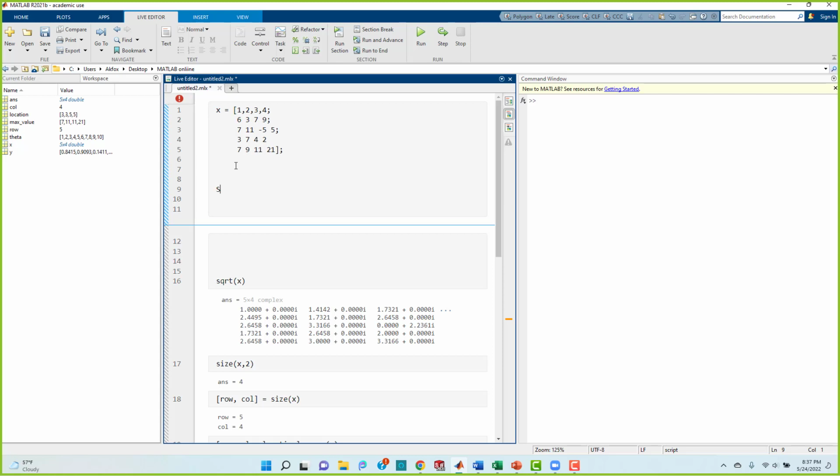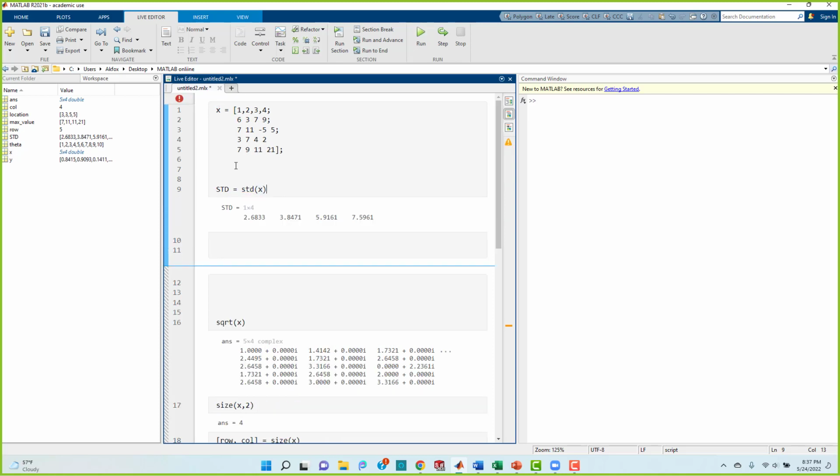If we look for the standard deviation, because I got those in all capital letters, it does not overwrite my function of that matrix. It will return a column of the standard deviation of each column.